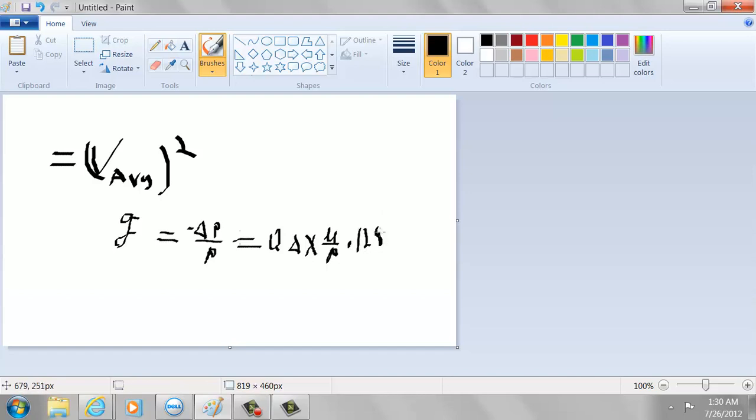That's not a coincidence, that showed up in the last equation. Divided by pi d naught to the 4th power.